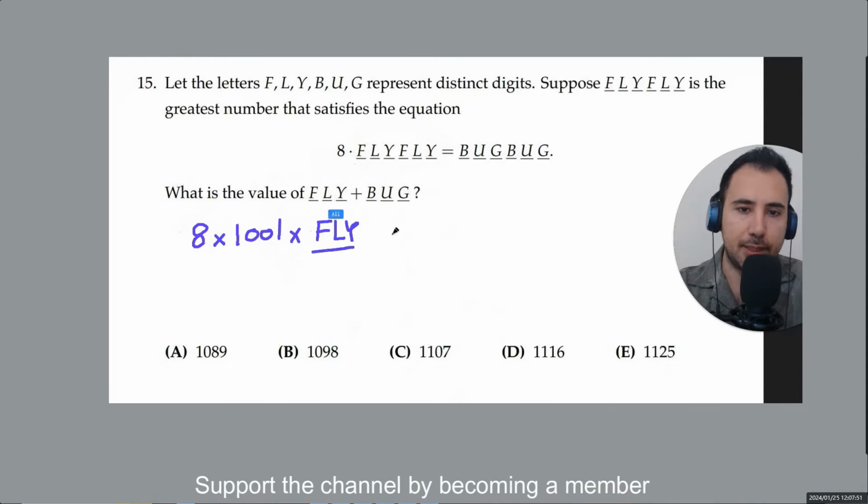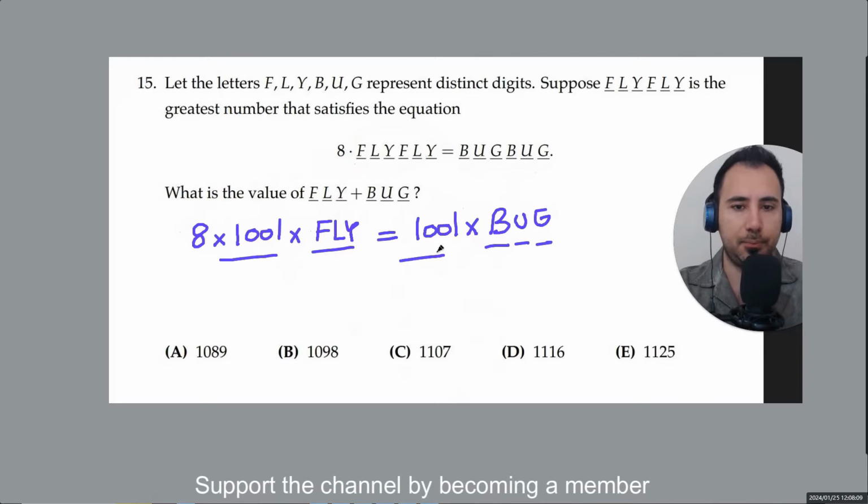So this is equal to, again following the same pattern, 1001 multiplied by BUG BUG. As you see, this 1001 is repeating.